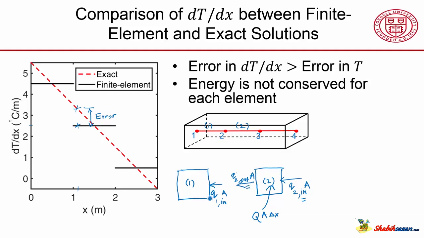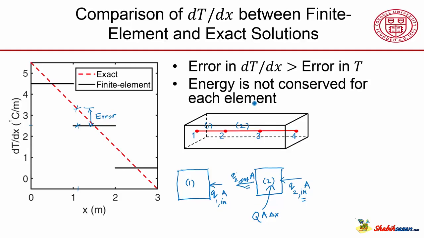Because these are adjacent, so this has to be equal to that according to physical reasoning, but it's not in a finite element solution. And you can show that that difference is exactly equal to the heat being generated in the element. So it's taking the heat being generated in the element and adding it to the heat going in through the face of the adjoining element. That's non-physical, which means that energy is not conserved for each element.